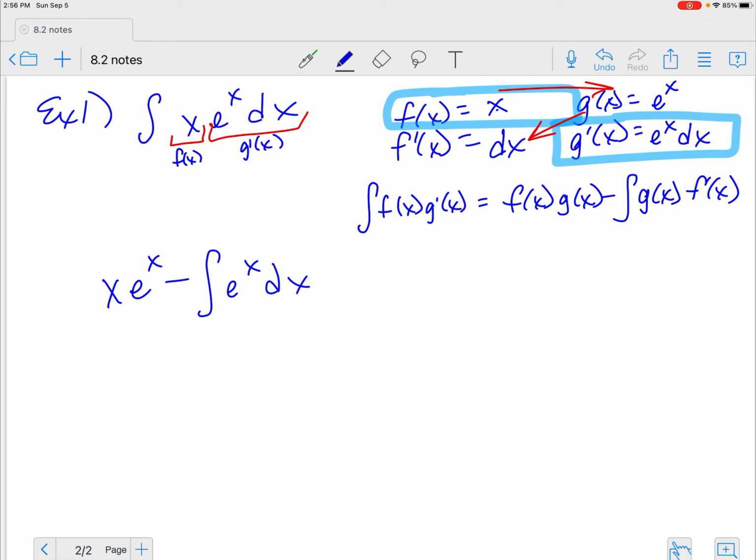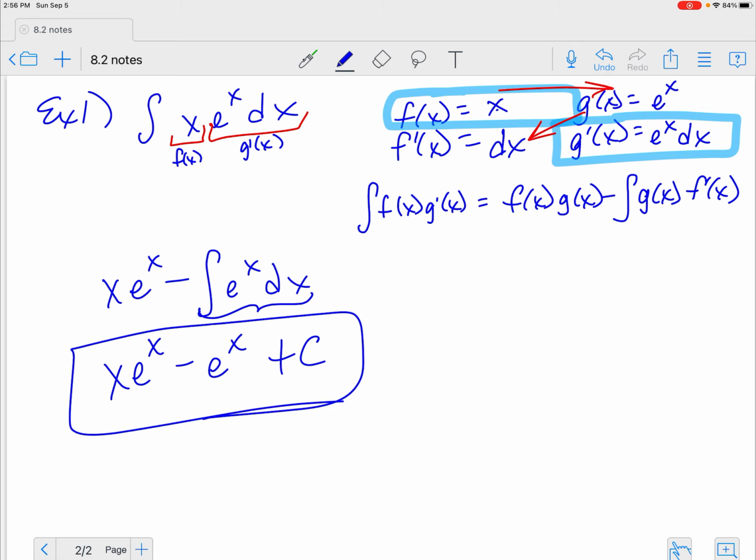Now, my goal is to get something I can now integrate, I've got x e to the x, and then the antiderivative here is just e to the x. It's an indefinite integral, so you put plus c, and that's it. Right? The big deal here is basically knowing the formula that goes with this.